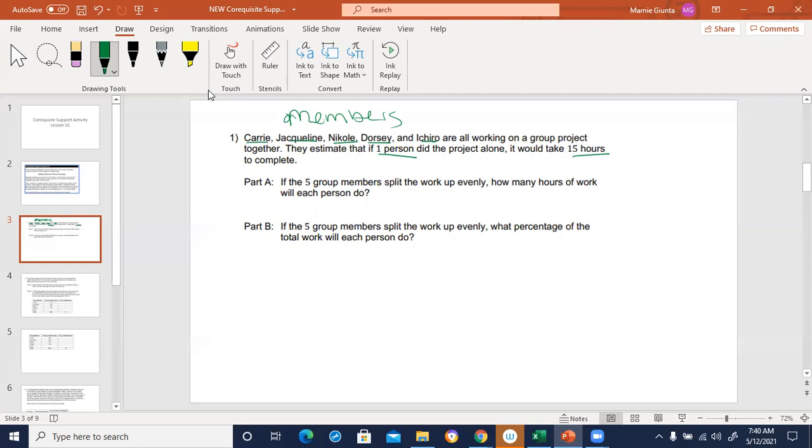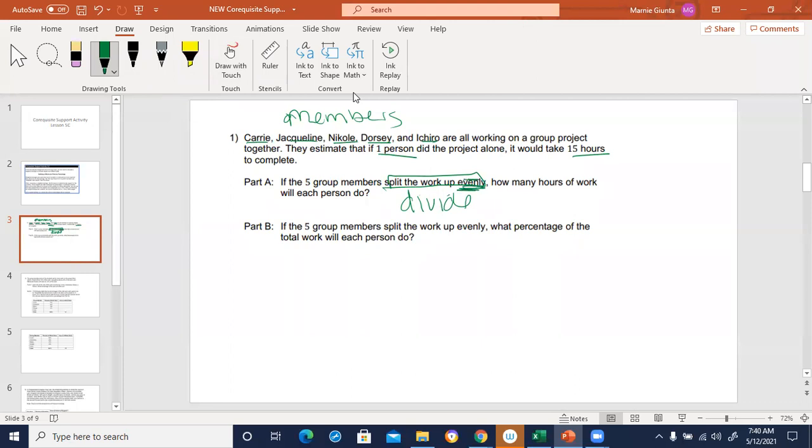It says, if the 5 group members split the work up evenly, how many hours of work will each person do? Whenever you're breaking something down, you are using the operation division. When you're splitting up work into equal parts, you are going to divide. The big key word here is evenly.